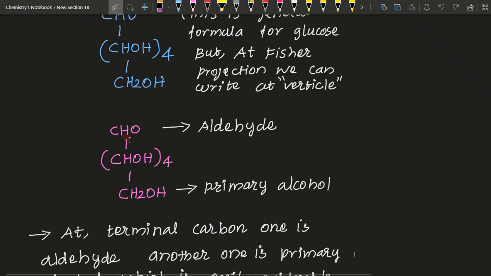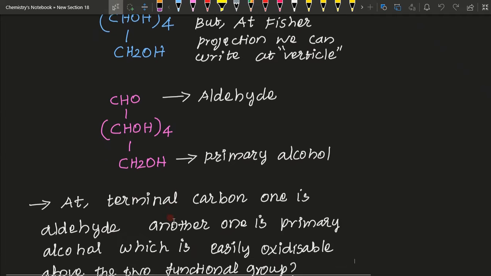This is the aldehyde group. This is the alcohol. This is also alcohol. This is primary alcohol.